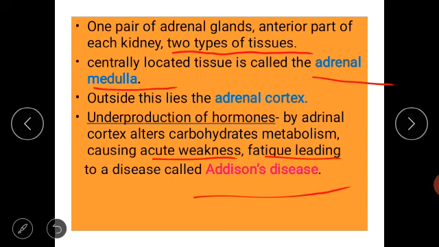So this is the problem associated with the underproduction of hormones by the adrenal cortex.